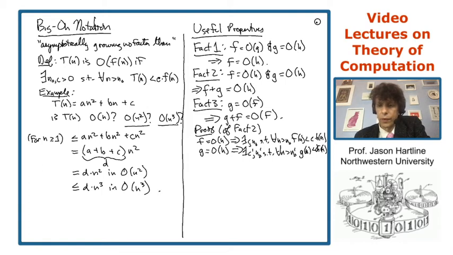Great. So now what I want to do is combine these two facts we have from the assumption. I want to look at, for all n that's bigger than the max of n naught and n naught prime, and we'll call that n naught double prime.